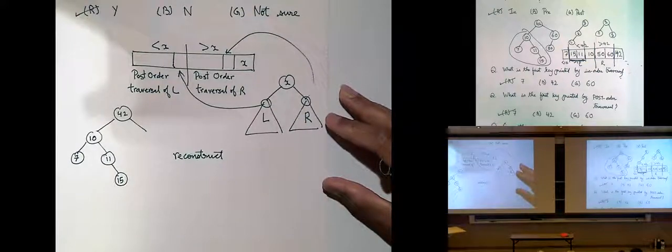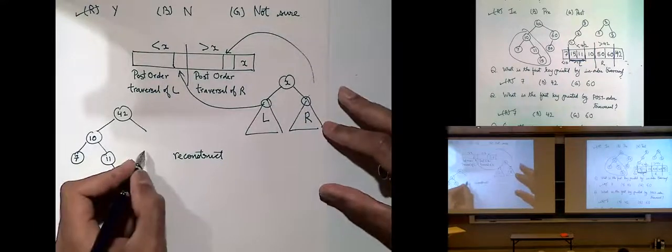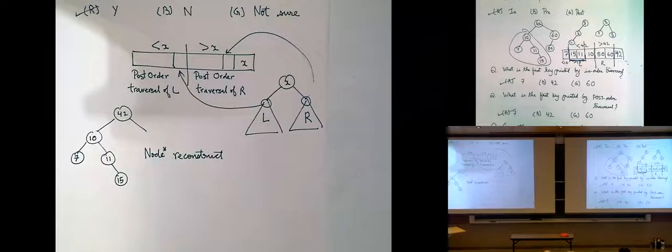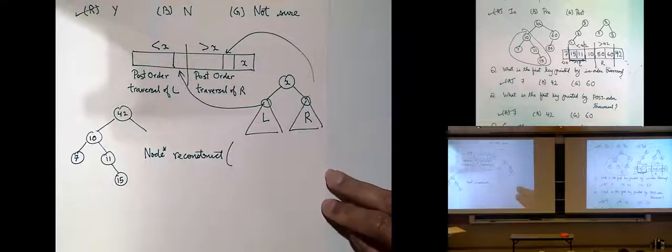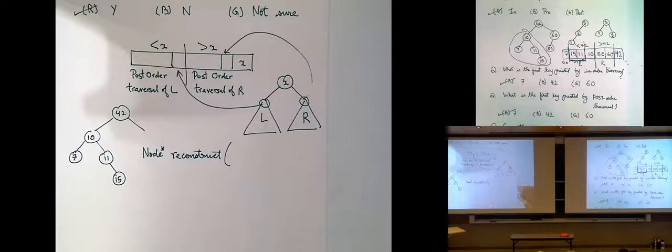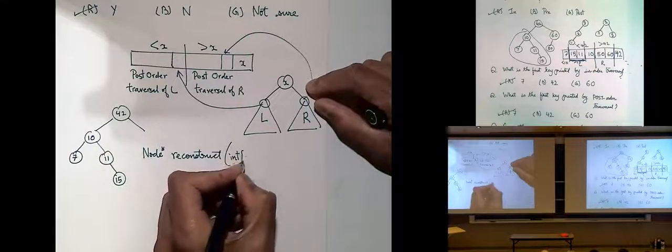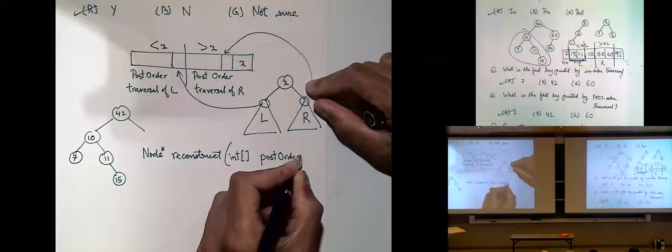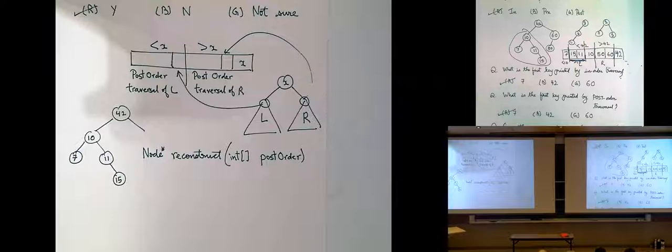And let's just say that what it returns is some node, which would be the pointer to the root of the reconstructed portion. And in this setting, what you're getting is an integer array, because you're getting a traversal. Let's just say that the array is called post order. So you're getting the post order traversal.